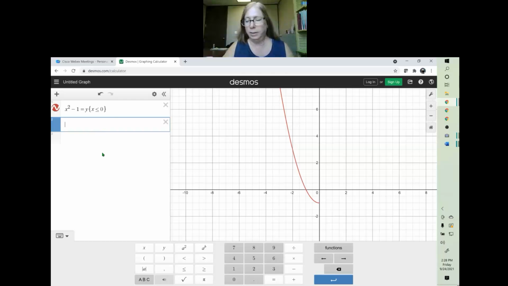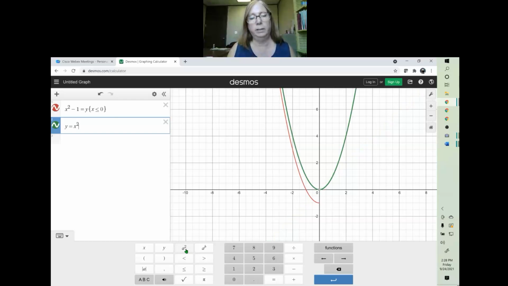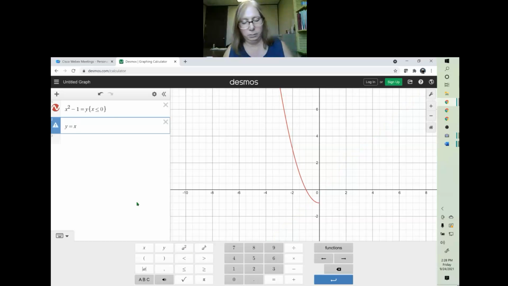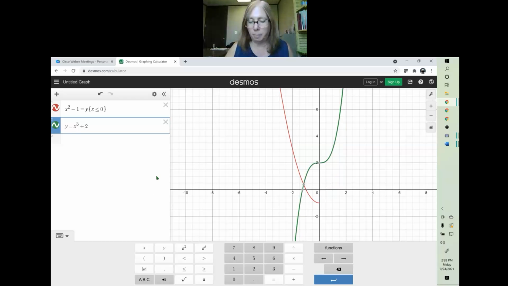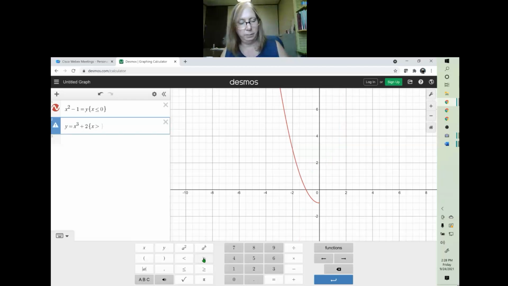The next one, y equals x cubed. Oh, I need cubed plus 2. And then the curly bracket, x greater than 0.